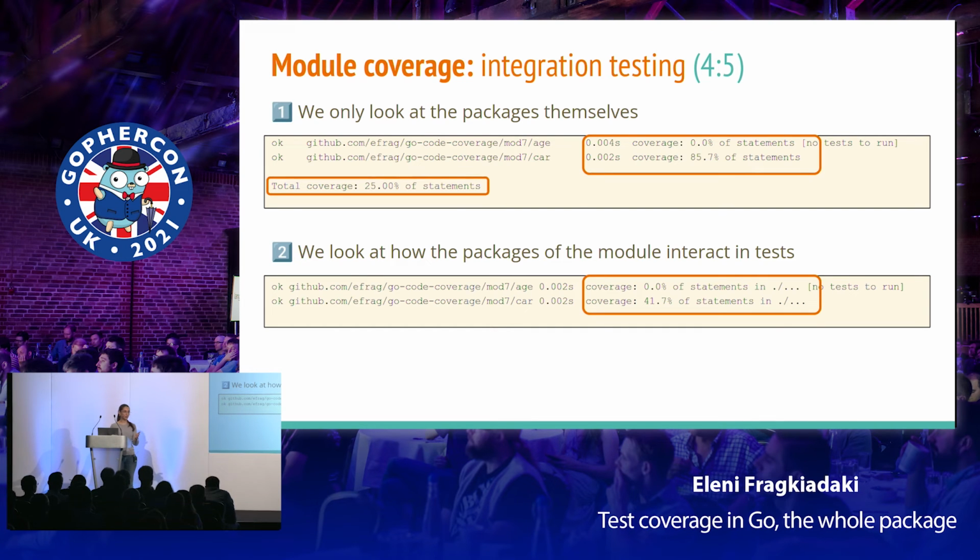Like 0% of the code is covered by age, 41.7% of the entire code is covered by car, and we can actually calculate that ourselves by looking at the coverage file. We have 24 statements, 10 got executed, 41.7%. Now, this is a bit suspicious, though. Is that the actual coverage of the module, or is that just the coverage of the car? Which is not very clear in this example.